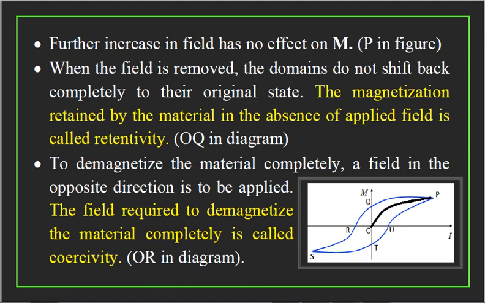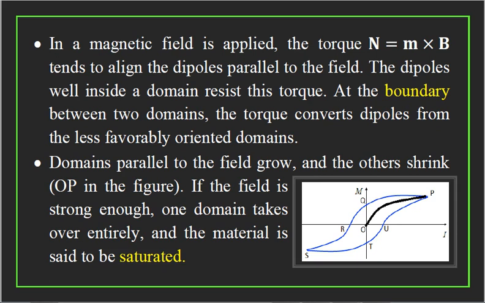So for the individual dipoles at the boundary between two domains, the torque converts dipoles from the less favorably oriented domains to the more favorably oriented domains. More favorably oriented means the domains which are parallel to the applied field. So the domains parallel to the field grow in size, whereas others shrink in size.